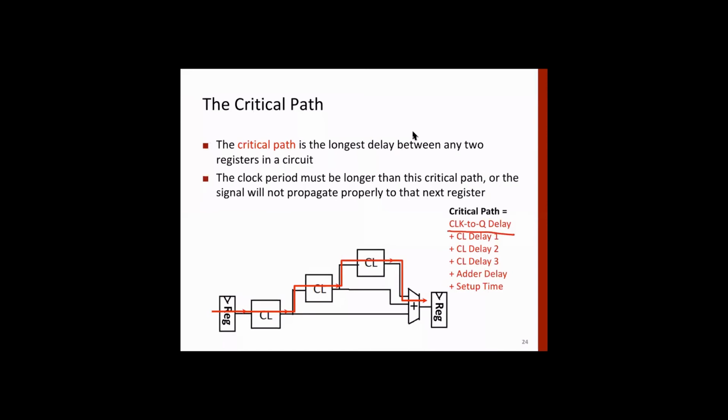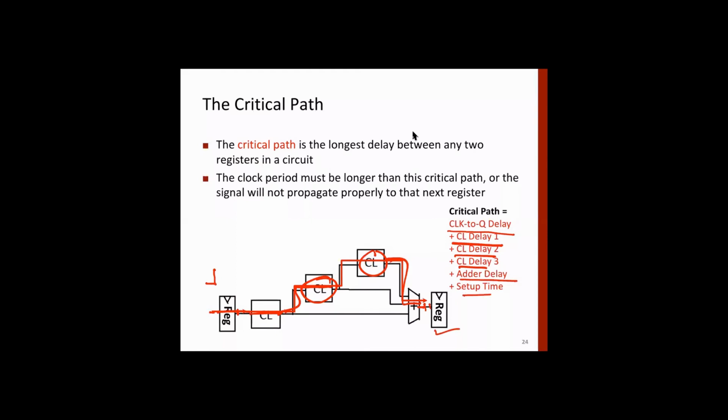First is the clock to Q delay, which is because of this. When the clock happens, let's assume here, the output is available here. Then combination logic delay 1, this delay, combination logic delay 2, this delay, then delay 3, then the adder delay. And then the signal has to be available before the setup time for this register to register it, right?